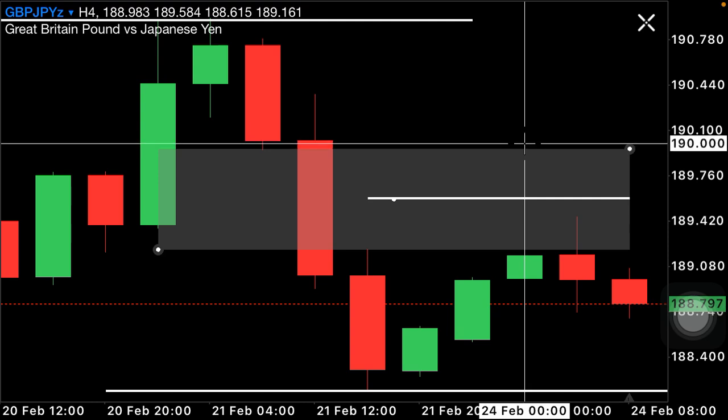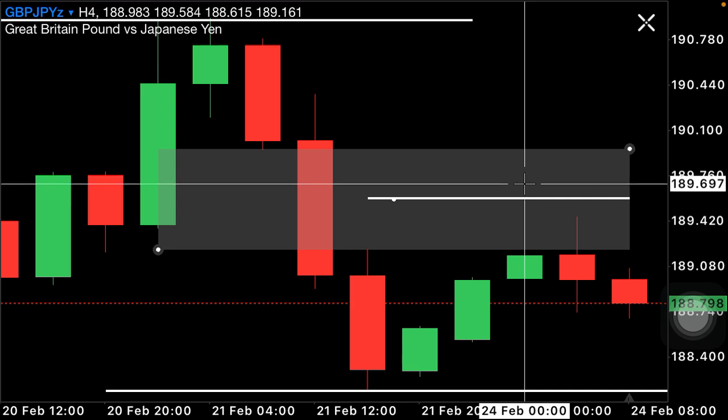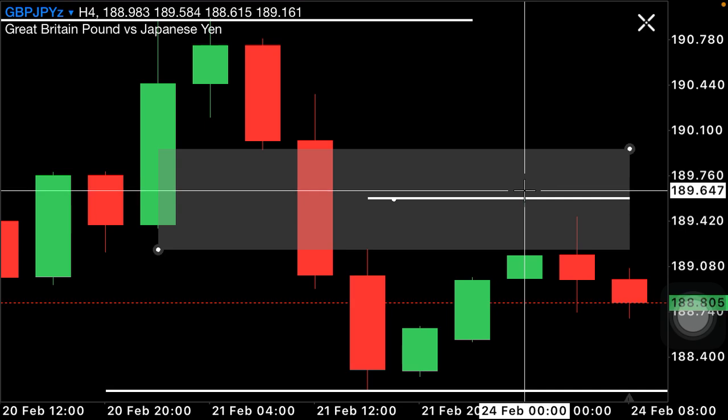So if we were to go further and expatiate on this fair value gap that you form on the 4-hour time frame, something like this is something called CISI, BISI.